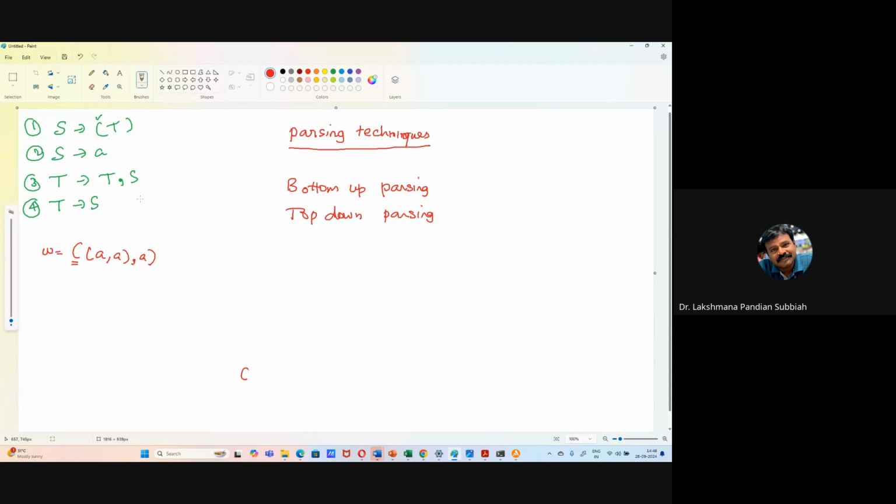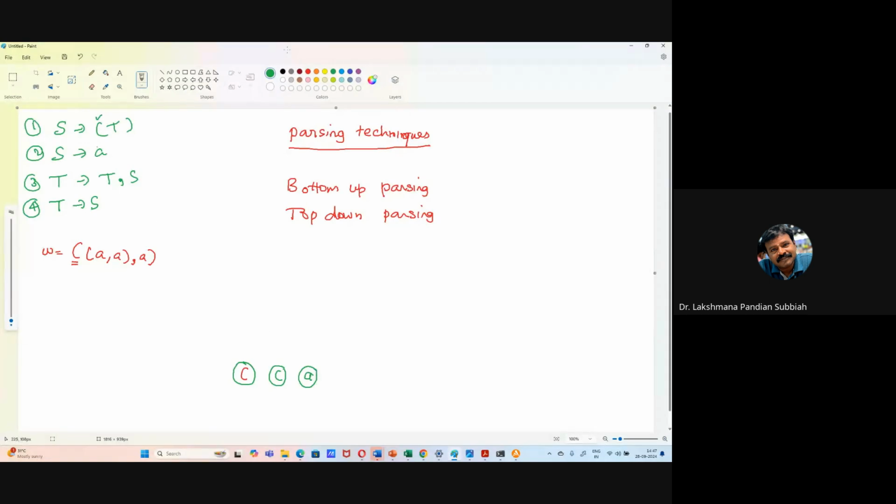Now this is one leaf. This is bottom up parsing, right? So we are having a leaf first. See, open bracket is a leaf. Then we are having another open bracket. So this also is a leaf. Then we are having now a. This is also one of the leaf.